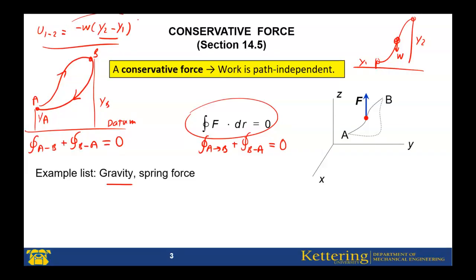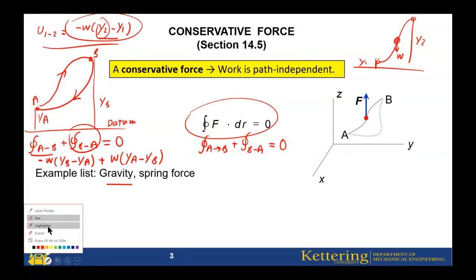Now, using this equation, it is minus W times the elevation of the second point, YB, minus the elevation of the first point, plus, returning to the same point, plus W times the elevation of the second point, YA, minus the elevation of the first point, YB.